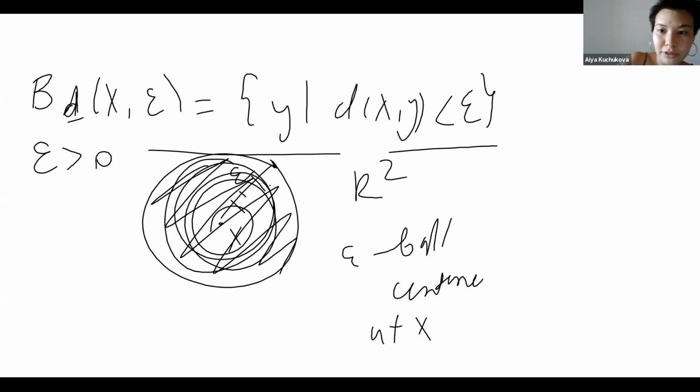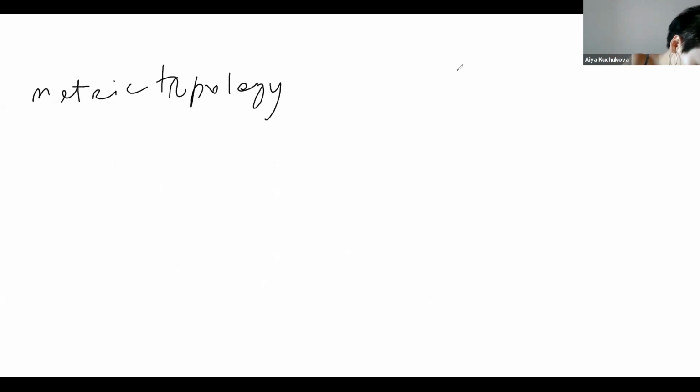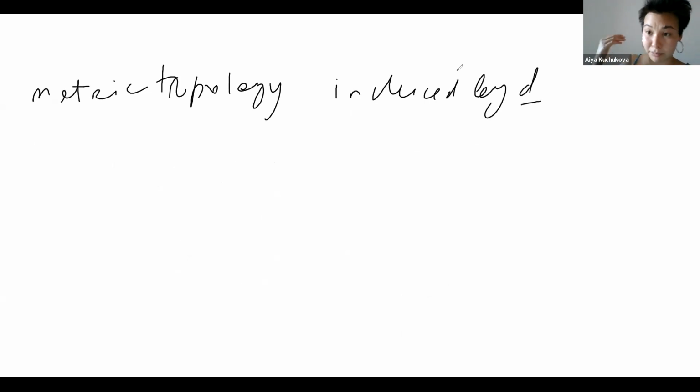So first, before I show you the examples, we also would have to define what is a metric topology. So a metric topology, which is a nice thing, is just a topology which is induced by d. Induced by d, meaning that you're using the specific metric rules defined by d.